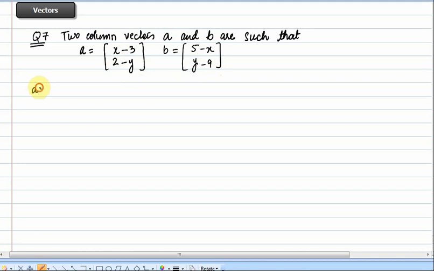In the first part it says if A is equal to B. Now it means that they are equal column vectors.